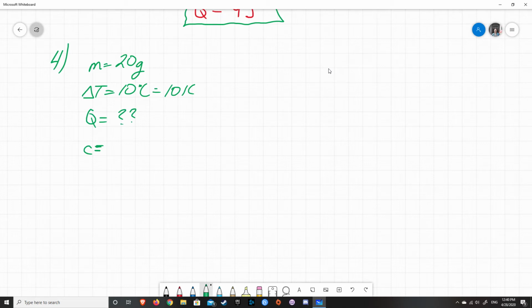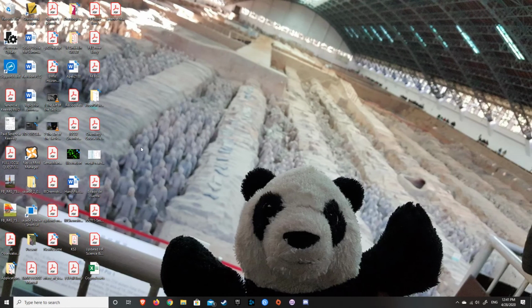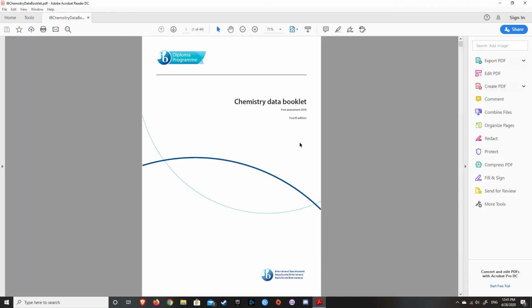So it didn't give us C, but in this case we can use C from the previous question. Okay, so we will have to go to the data booklet actually for this one. So let me just check this really quickly. Data booklet right here.